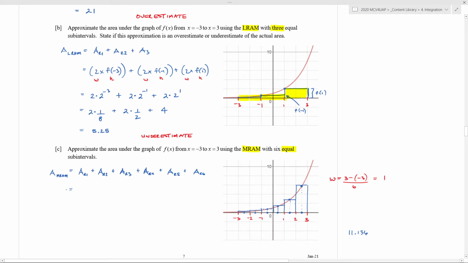Now the height of the first rectangle, I get from evaluating the function not at -3 and not at -2, but right in the middle. So f at -2.5. Plus, again, the width is 1 times f at -1.5.